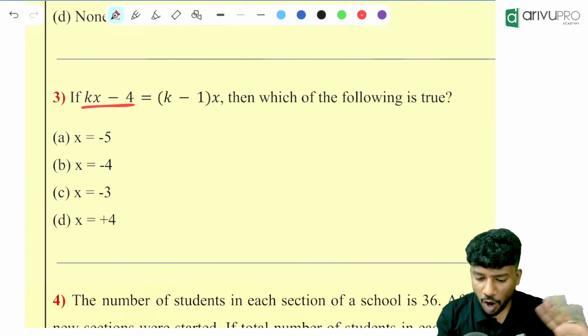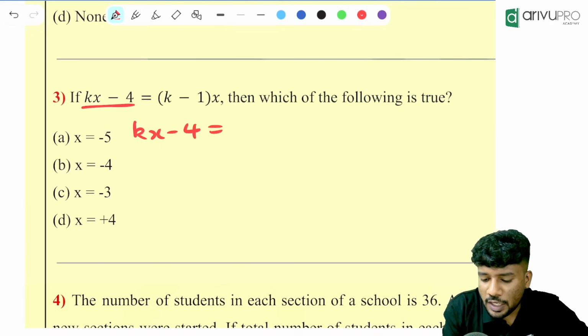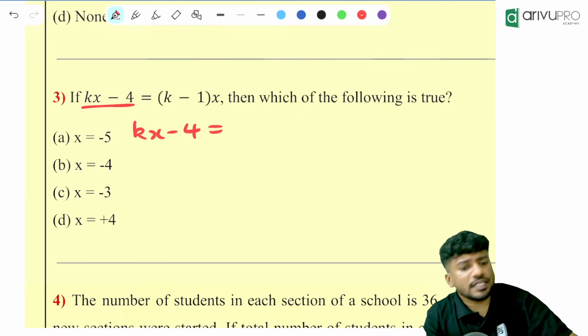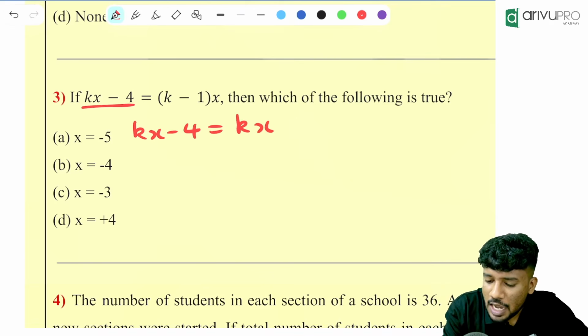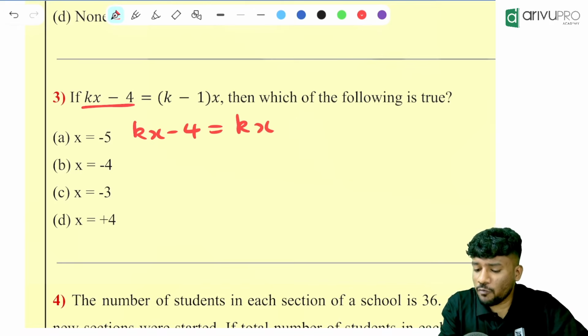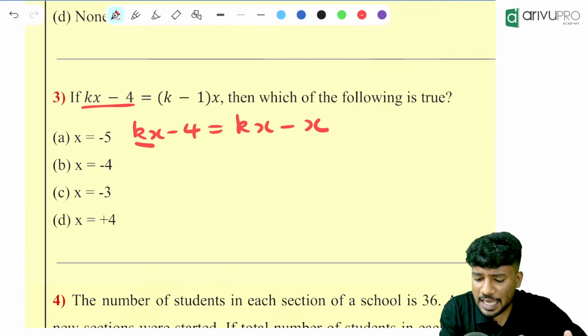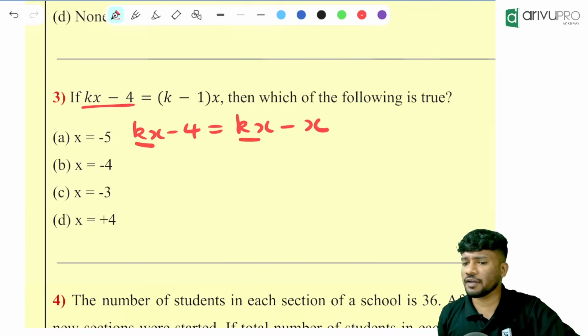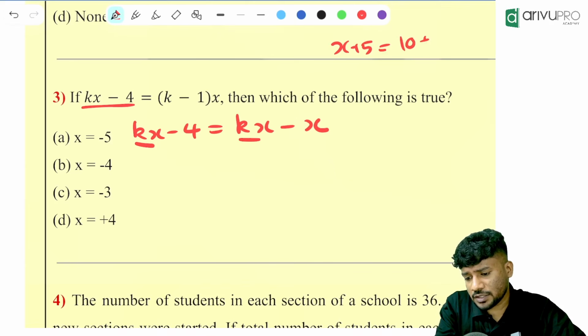How to solve? Open the bracket. kx minus 4 is equal to, opening the bracket on the right hand side, x into k will be kx. Minus 1 into x will become minus x. Now, what is remaining? kx and kx, they both have the same sign, right? Do you remember when I write x plus 5 is equal to 10 plus 5?